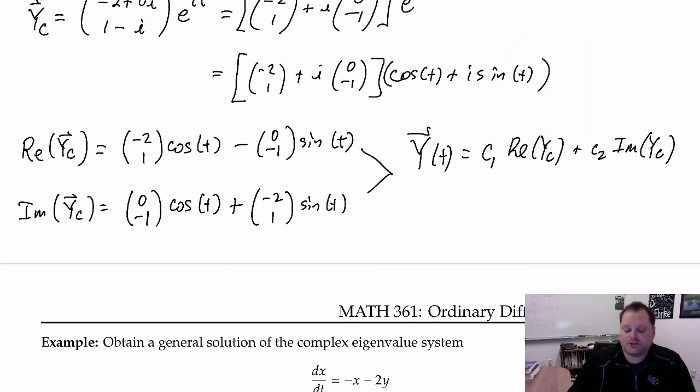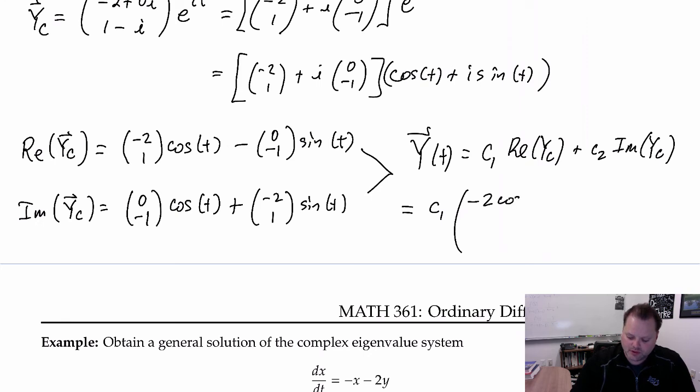So what does my general solution end up looking like? I think for most people the best way to write this is in kind of this row vector form. So scan across the very top and let's write down the first component. Looking just at the real part, along the top component is -2 cosine t.